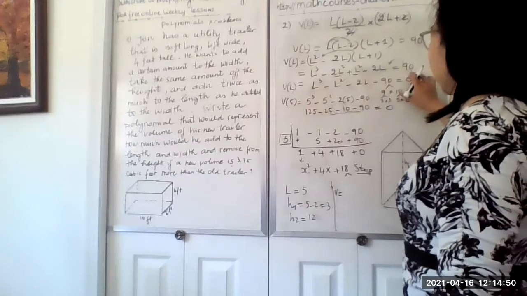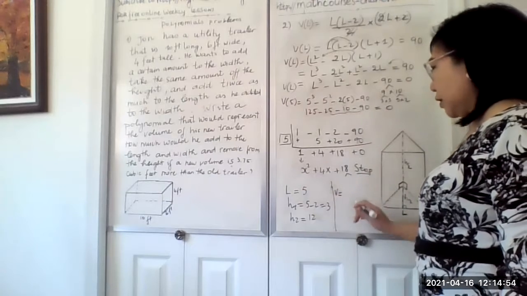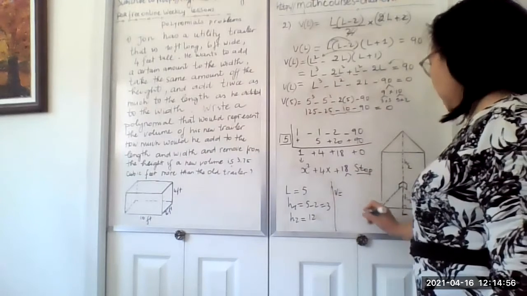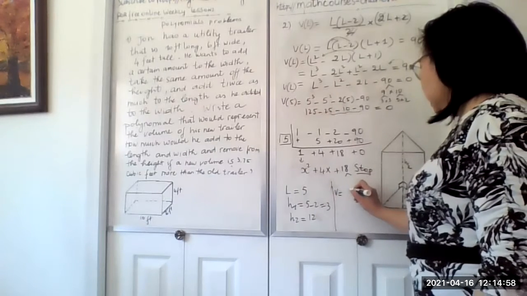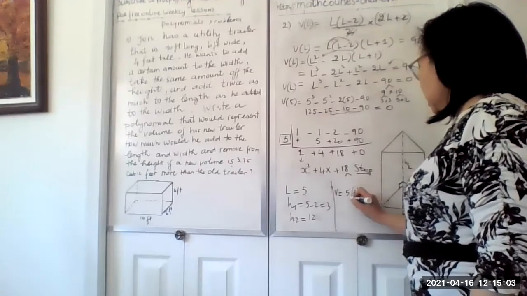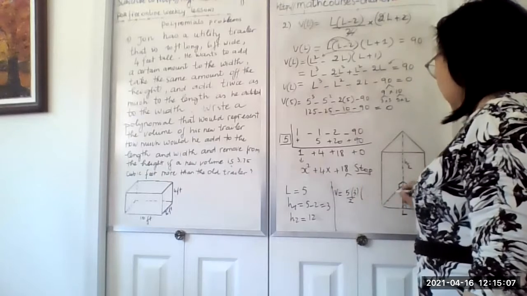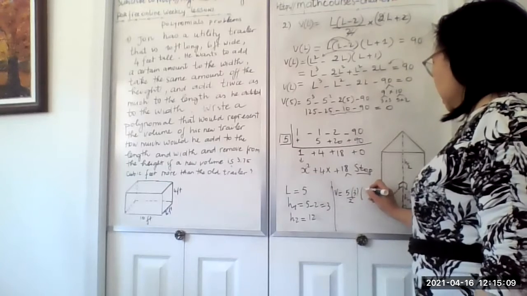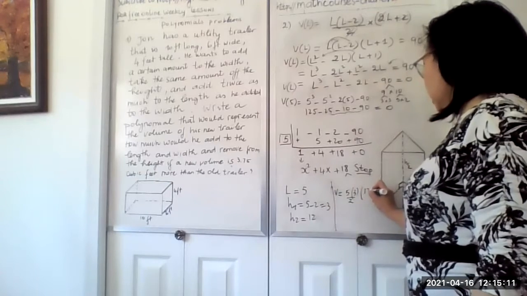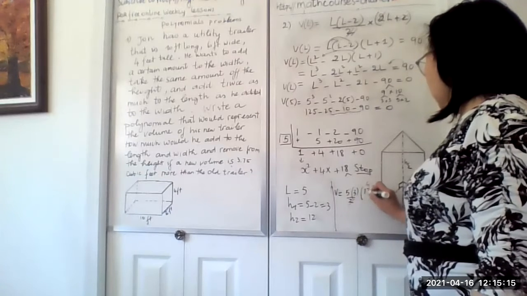Our volume equals 90, right? So if we multiply this and we get 90, then that's correct. So our volume will be equal to the area of the base, which is 5 times the height, which is 3, divided by 2, and then times the height 2, which is 12, right? So 12 divided by 2 is 4.